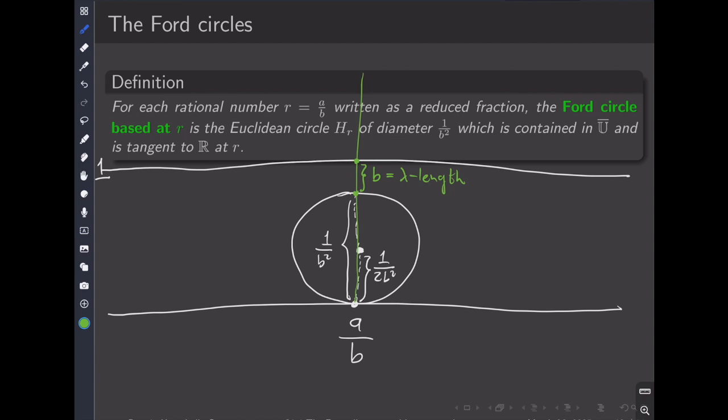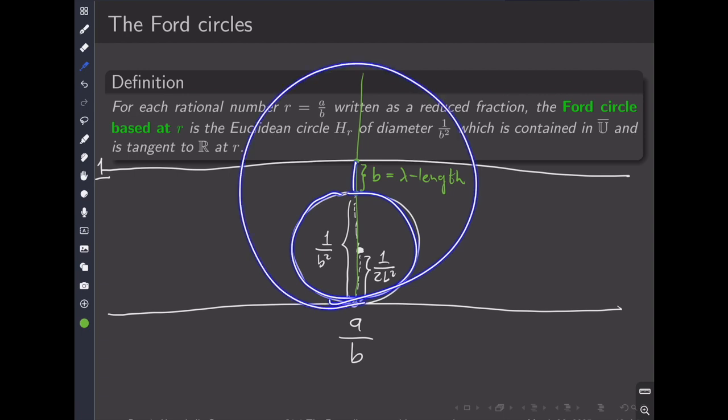But of course here B is greater or equal than 1, which means that this diameter is at most 1, which means that the signed distance is always taken with positive sign, because this horocycle never crosses this one.